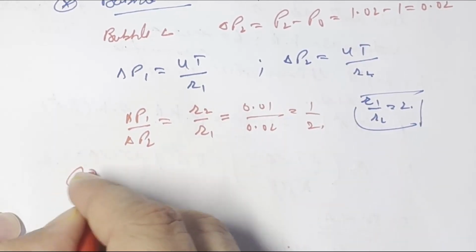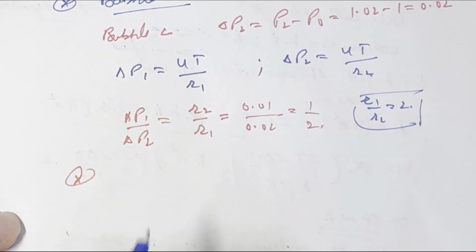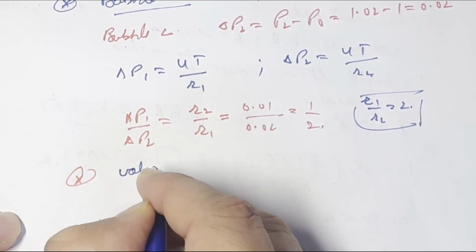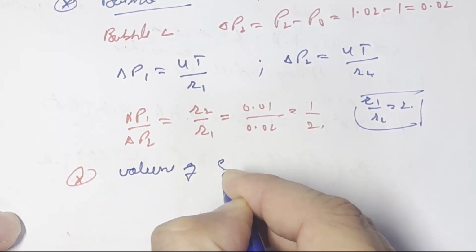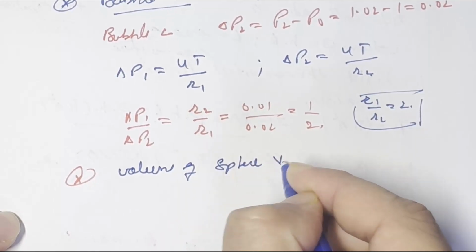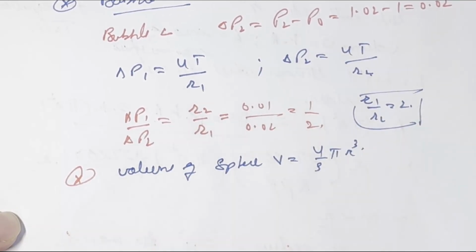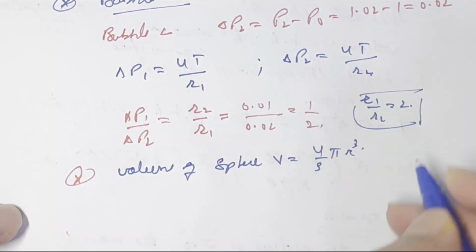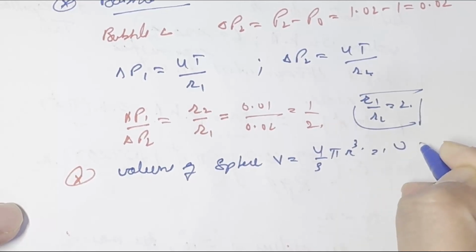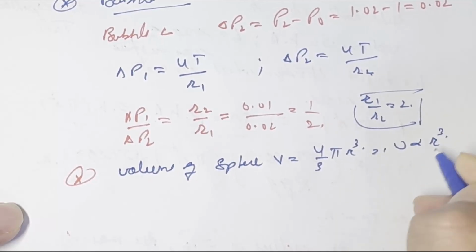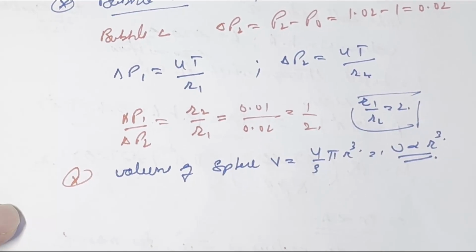And we know that the volume of a sphere, that is V, is 4 by 3 pi r cube. So from here we can write volume is directly proportional to radius cube.